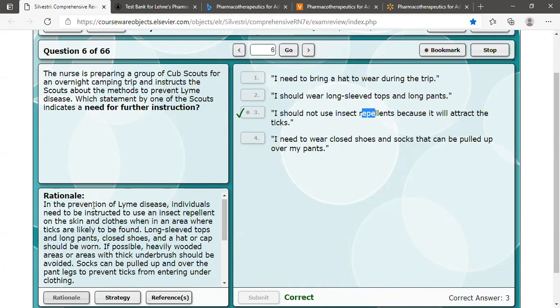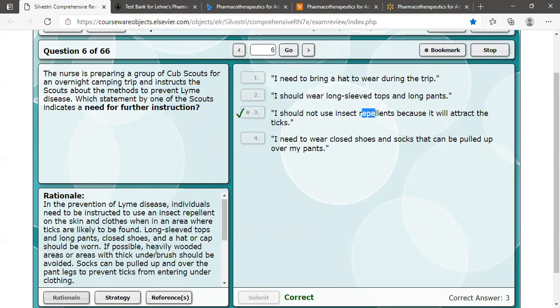So in the prevention of Lyme disease, individuals need to be instructed to use an insect repellent on the skin and also clothes when in an area where ticks are likely to be found. Long sleeve tops or long pants, closed shoes and a hat or cap should be worn.